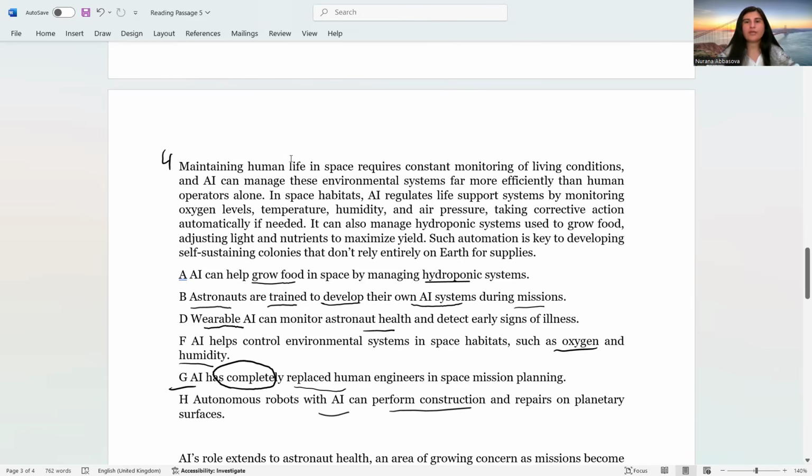It can also manage hydroponic systems used to grow food, adjusting light and nutrients to maximize yield. Such automation is key to developing self-sustaining colonies that don't rely entirely on Earth for supplies. You have some time for this one?